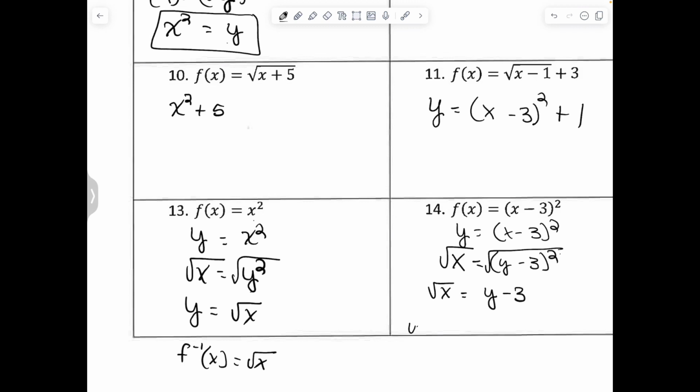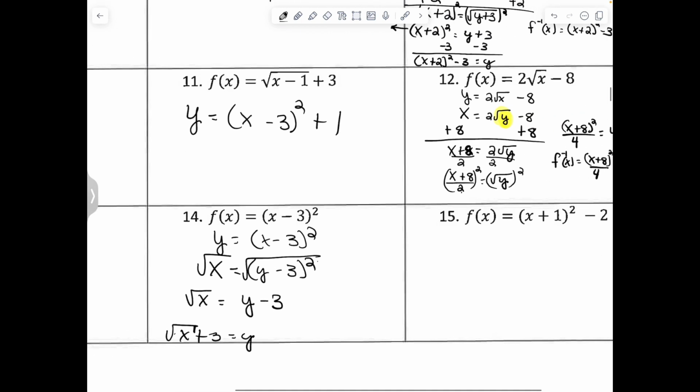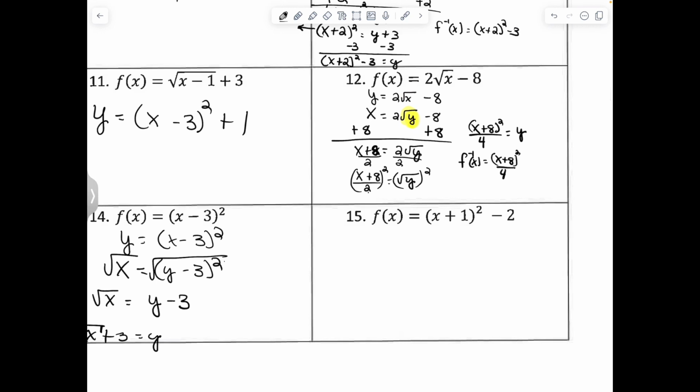That would make the square go away, so we have radical x plus 3 is equal to y. I want to pause the video, and I'm going to let you do the last one. Okay, welcome back. That's going to give us the square root of x plus 2, minus 1, equals y.